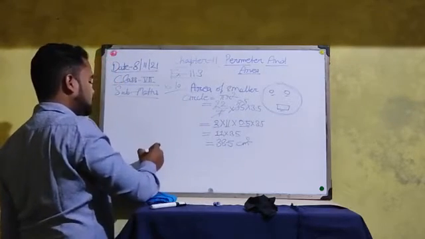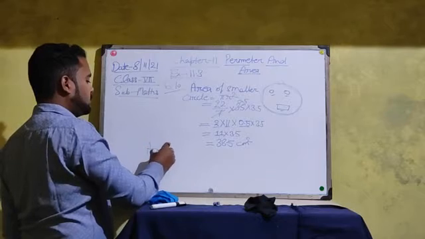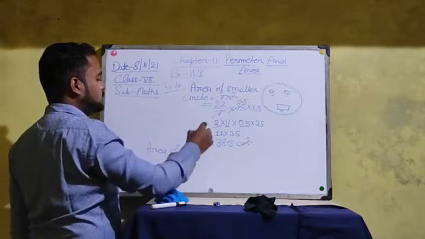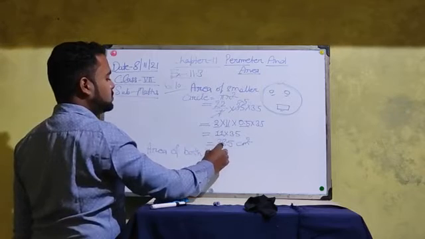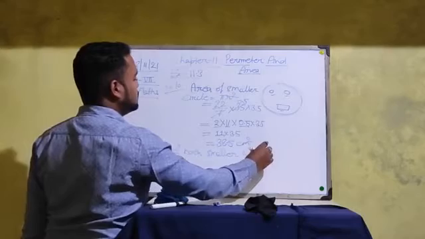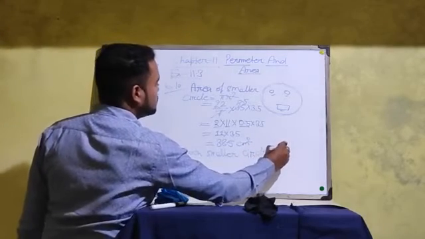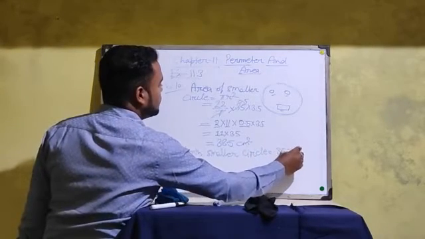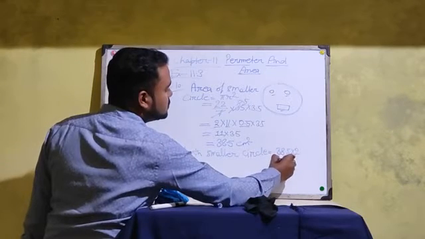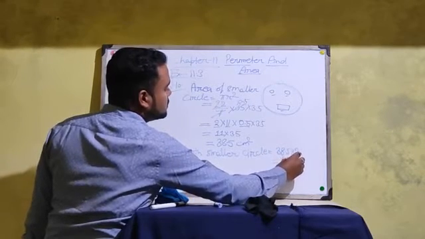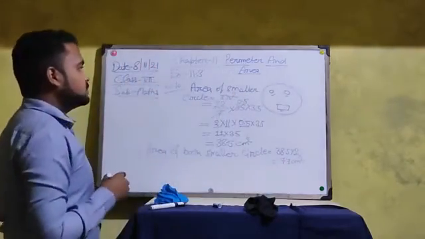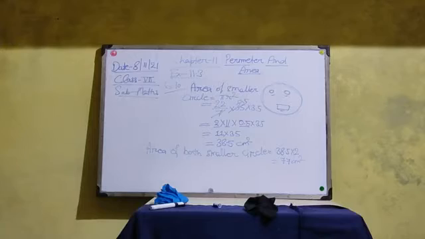So area of both smaller circles is equal to 38.5 into 2, which gives 77 centimeter square. Note it down.